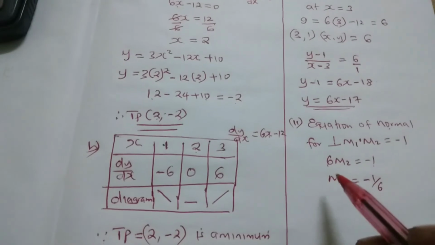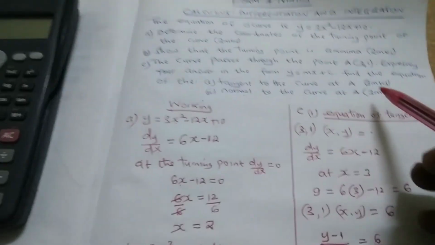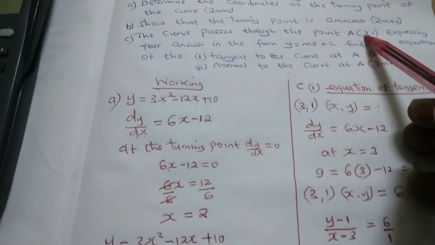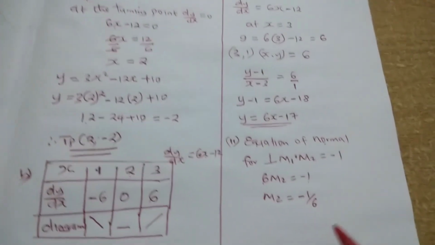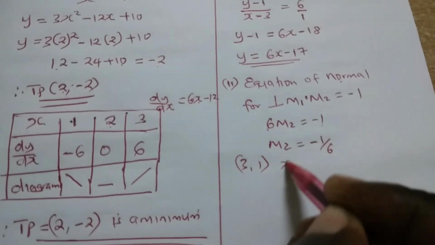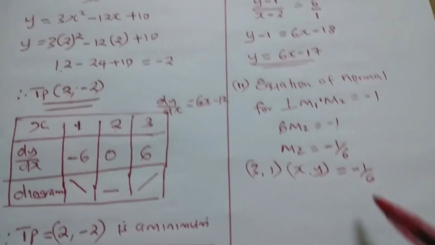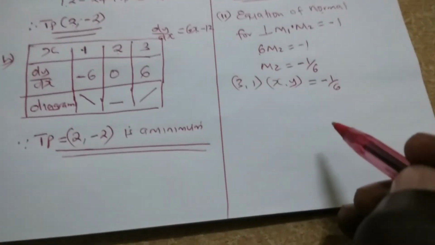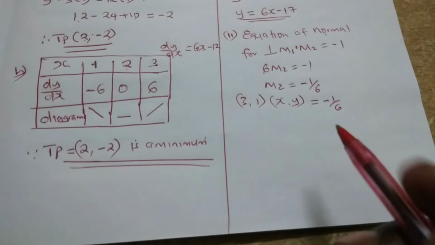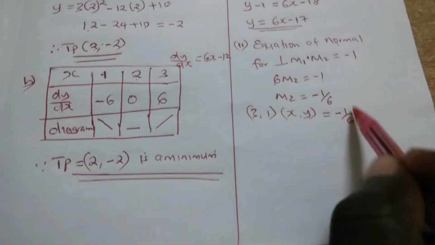From here, we can pick the same point, which is our point A, which has coordinates 3, 1. So if we take 3, 1, and another general point, xy, plus the gradient negative 1 over 6, we are able to get the equation of the normal to that particular point. So how do we find the gradient again?